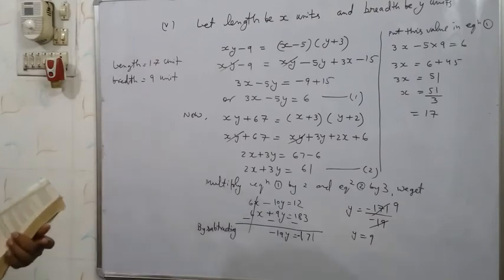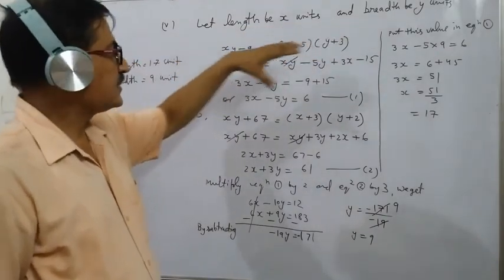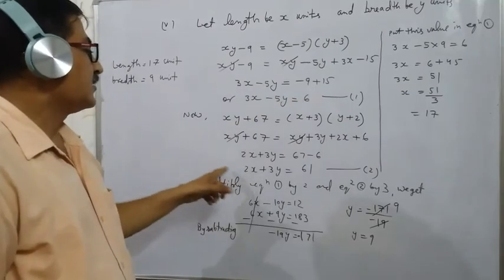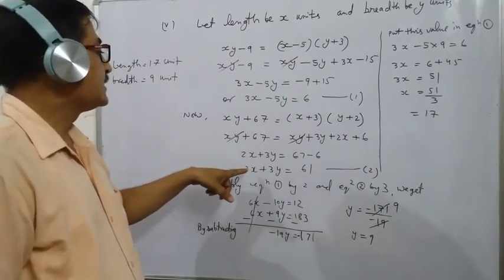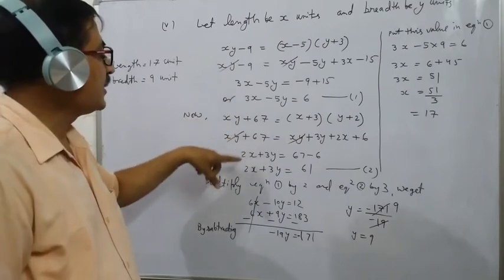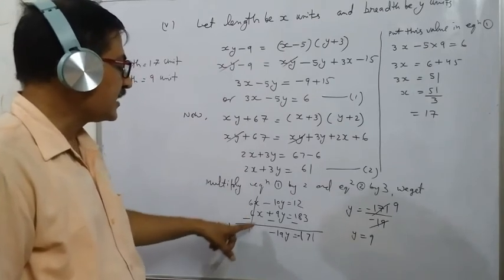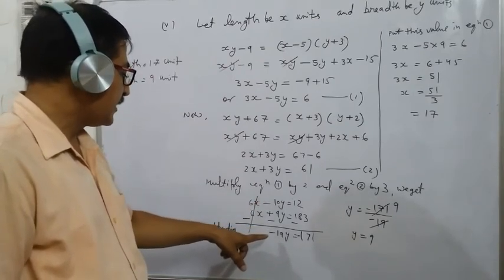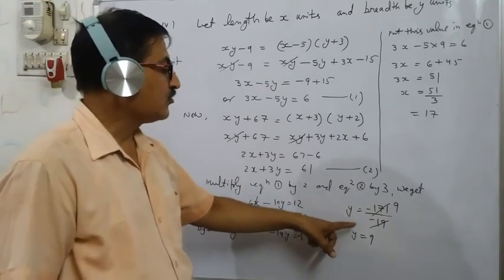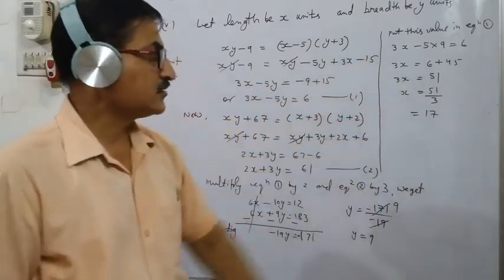In that way, you see, students, what we have done. The length and breadth were x and y units, and then whatever the question said, according to that we made the first equation, then the second equation. Then by multiplying this by 2 and the other by 3, it will be 6x and 6x, and on subtracting, that will be cancelled. So by subtracting, we got minus 19y equal to minus 171. So y equal to 9, and this value you put in equation number 1, then you get x equal to 17.